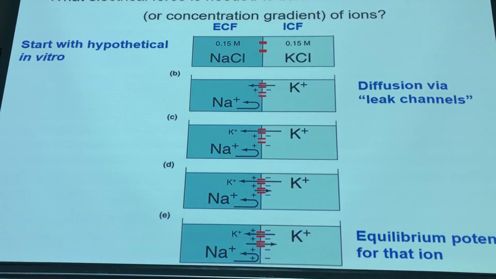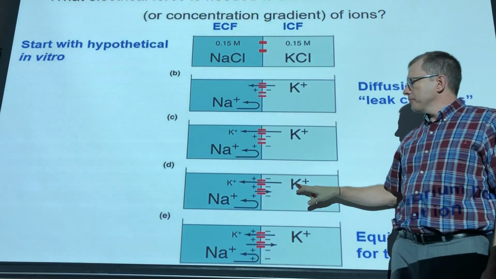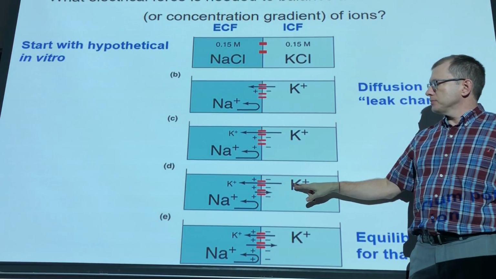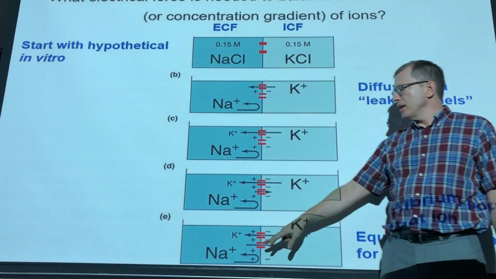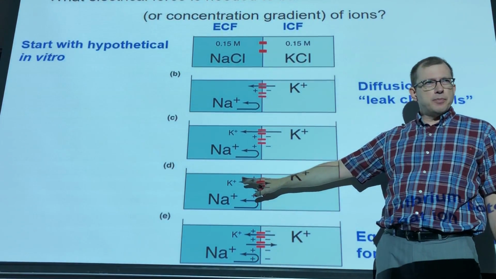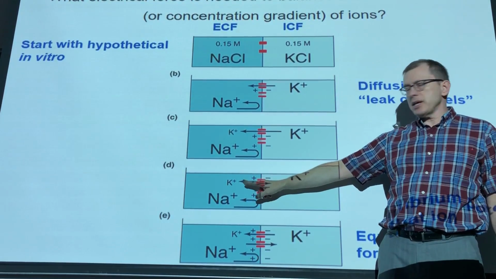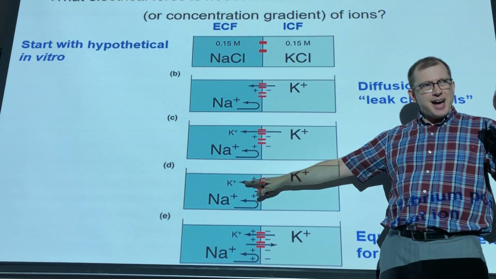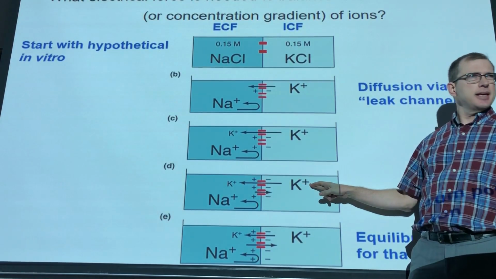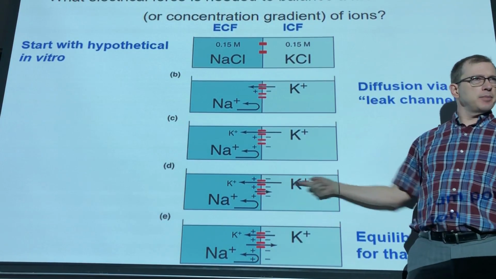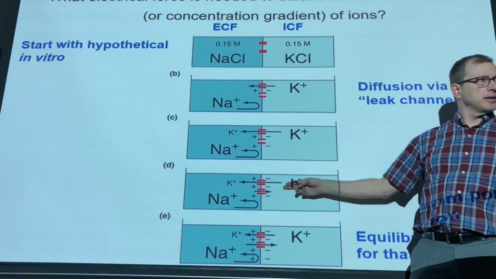Now, the next step that's represented by D, if you take that step one further, that we're getting a change in charge, the more potassium that moves over here, you're getting a greater positive charge here. So now the positive charge in this area is repelling these positives from coming, more of them from coming.